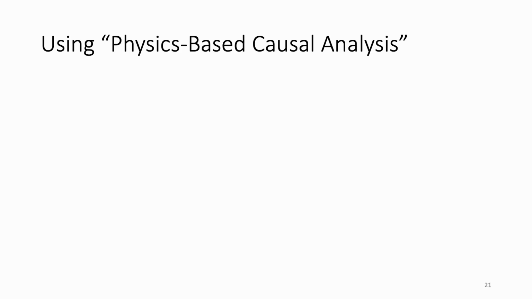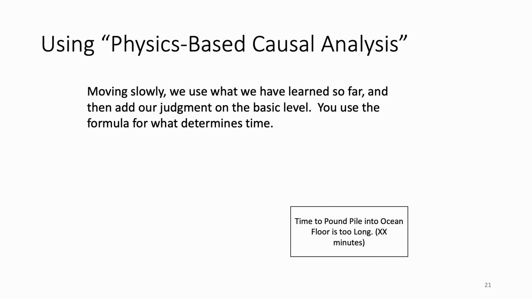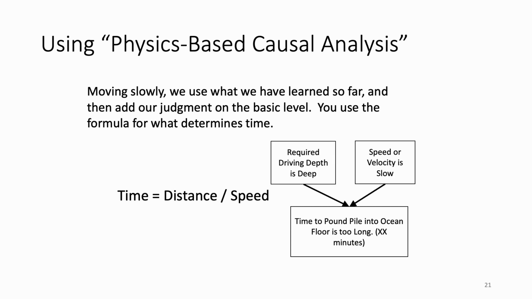And so on. So with causal analysis, again, we're going to use what we've learned so far and then add our judgment on the basic level. You use the formula for what determines time. So time in this case, to pound it in, is just distance divided by speed. So the required depth that I need to pound it, and the speed at which it can be pounded in.